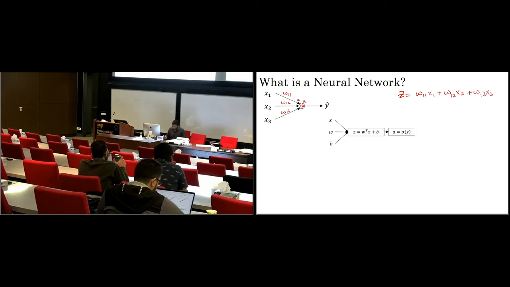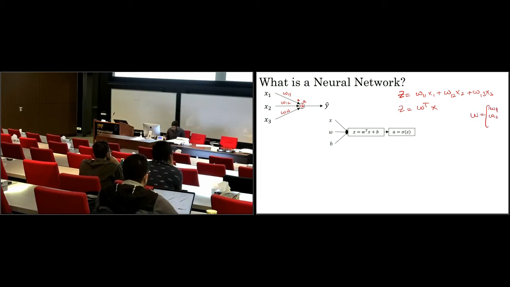Okay, and of course you can write it as W transpose X, where W is W11, W12, W13, and X is X1, X2, and X3. Is it clear? It's basically a dot product between 2 vectors.